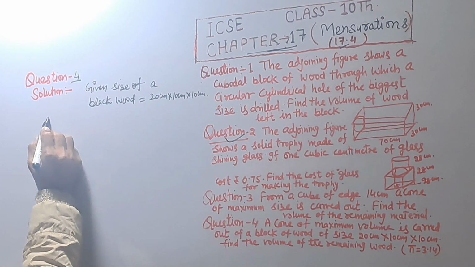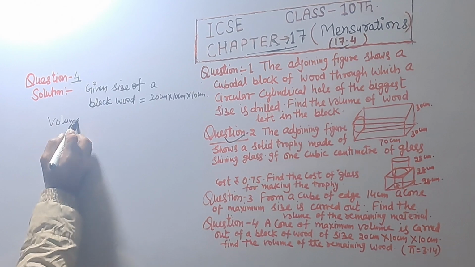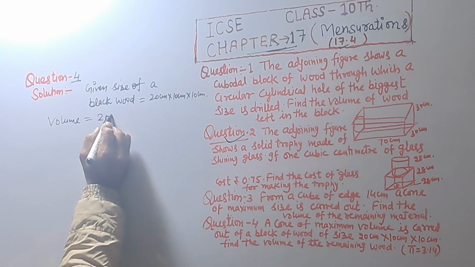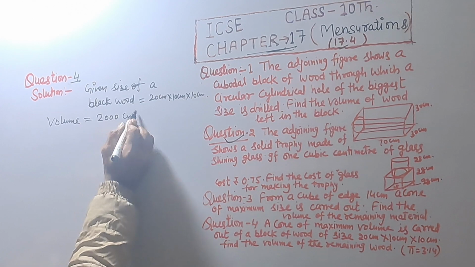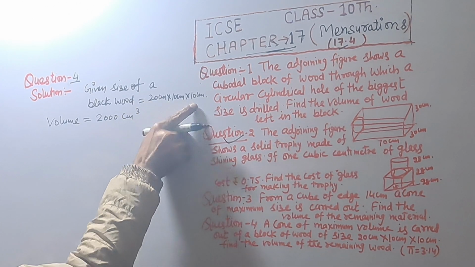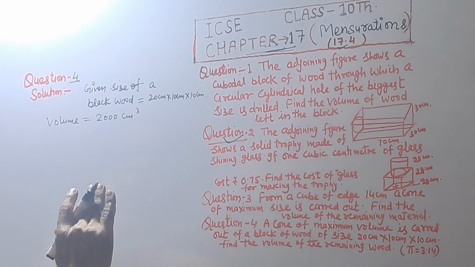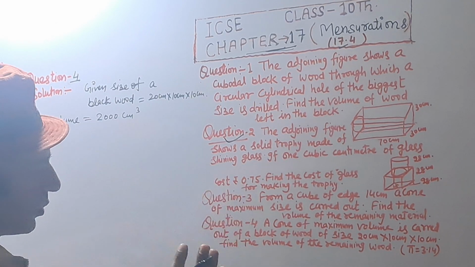Then its volume is 2000 centimeter cube. Volume is length, breadth, height. Then the volume is equal to LBH, 2000 centimeter cube.